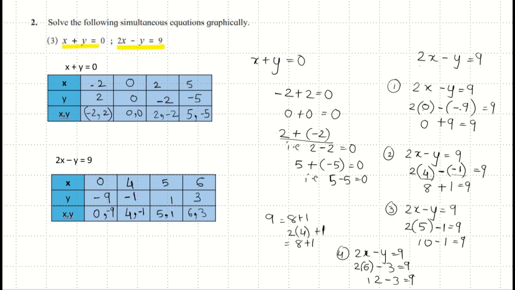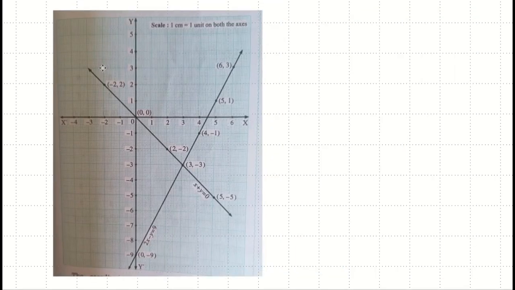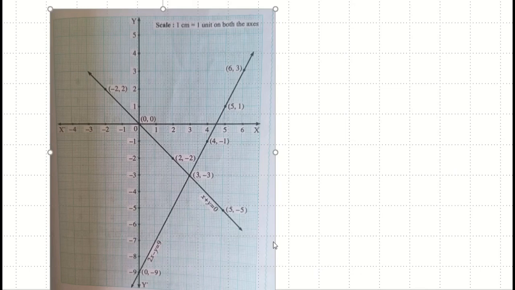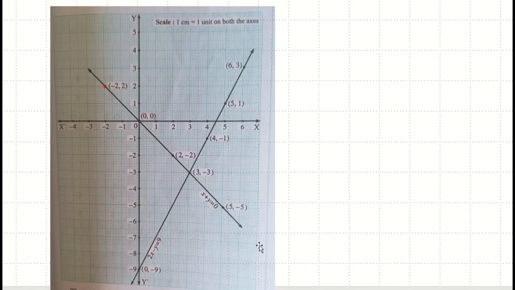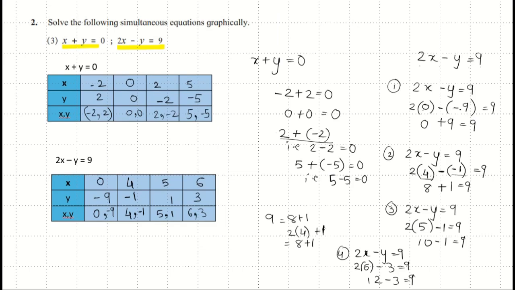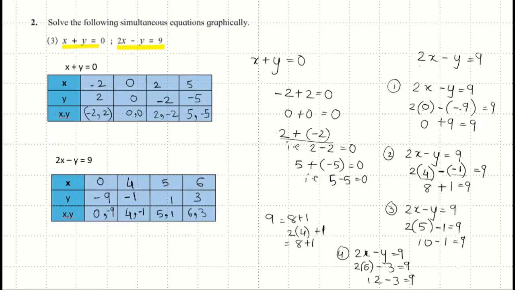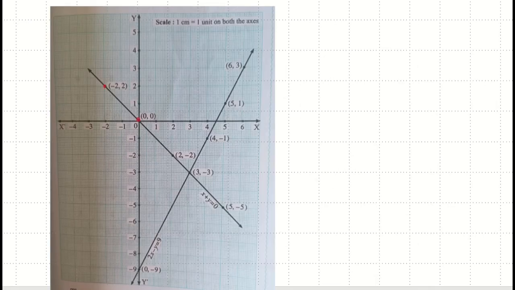Placing all these points on the graph: minus 2 comma 2, 0 comma 0, 2 comma minus 2 and 5 comma minus 5.